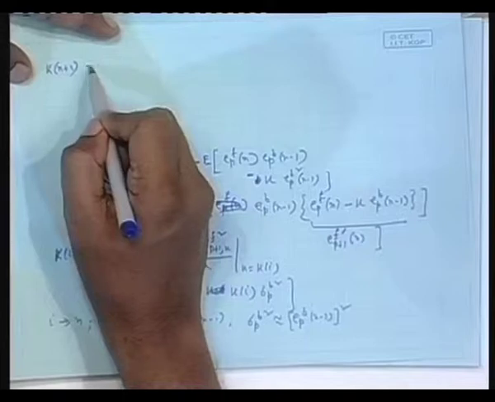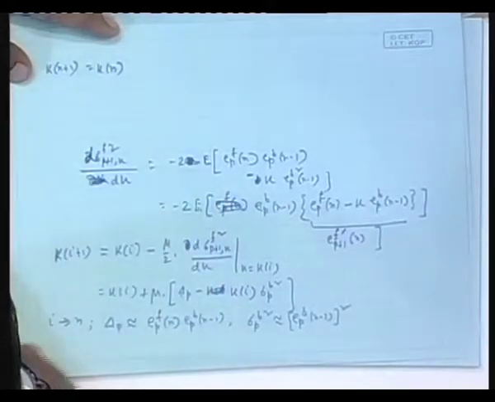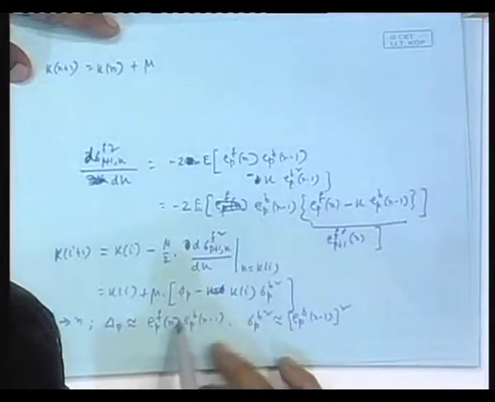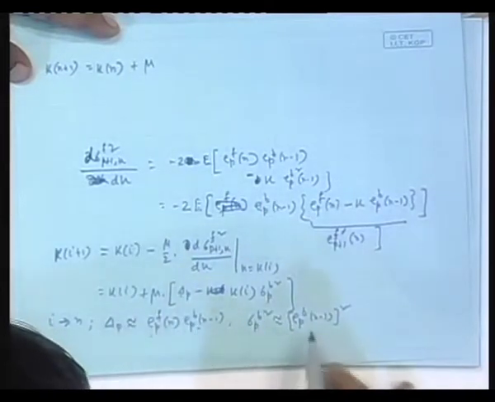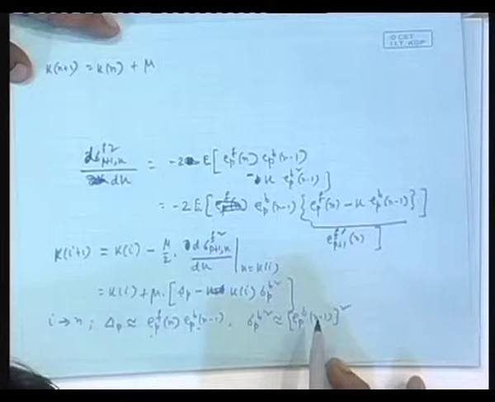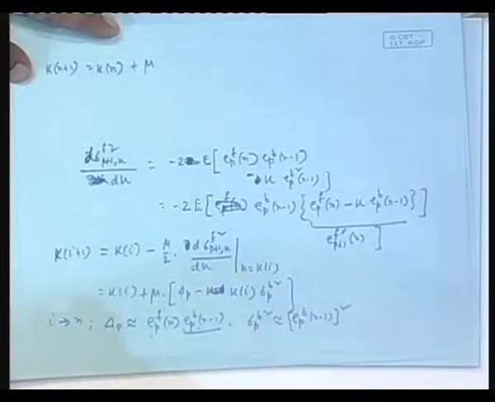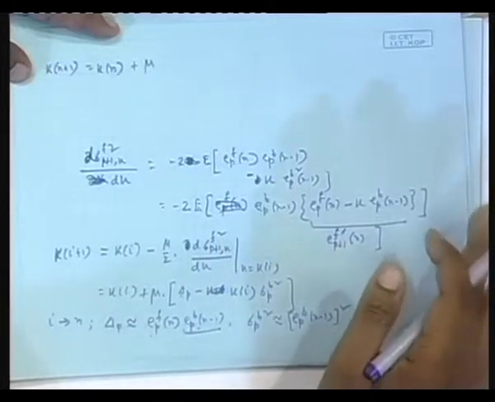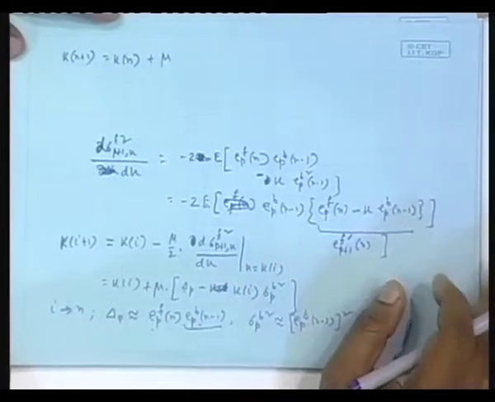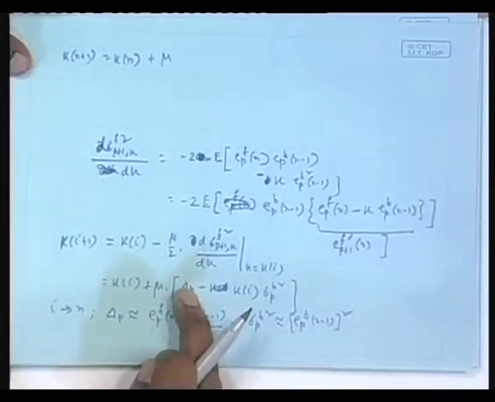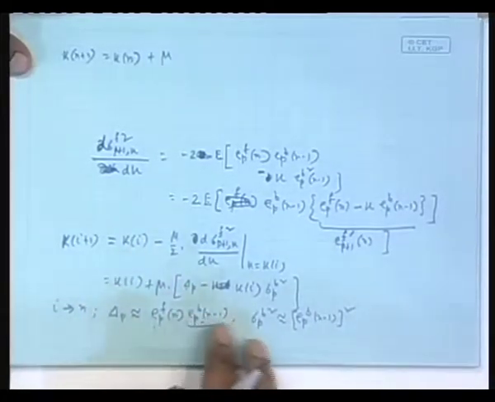So, K n plus 1 will be K n plus mu times E p f n E p b n minus 1, over E p b n minus 1 square. Here I take E p b n minus 1 as common, something which I was doing earlier. I told you that I should rather do it when I move to LMS. If you put delta p here, I will not do these steps anymore because I have already done it once.